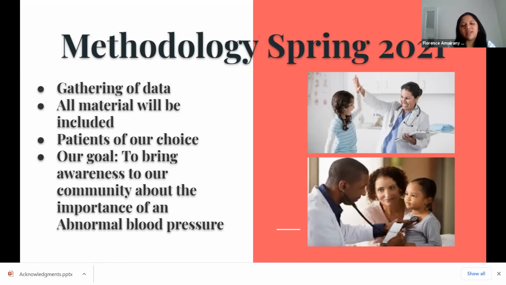We'll be gathering data related to blood pressure in order to determine whether our community stands within the normalcy range. We will put our data into charts and graphs in order to bring awareness about where we stand as a community.